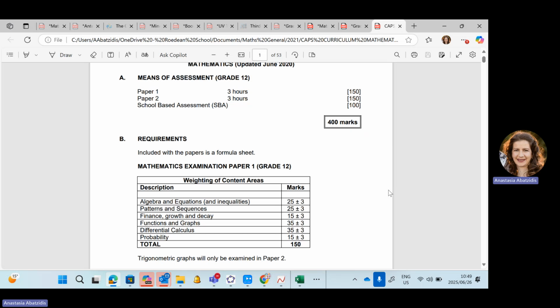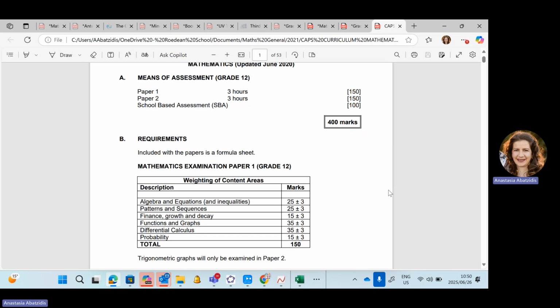Okay, there you go. Algebra and equations and inequalities is about 25 marks, give or take 3 each way. So basically between 22 and 28. Patterns and sequences, so sequences and series, 25 marks, give or take 3.